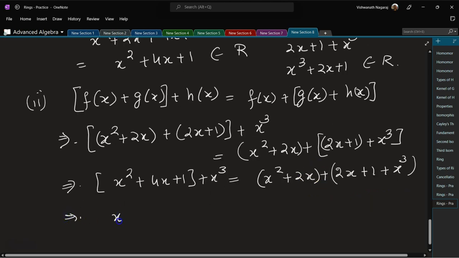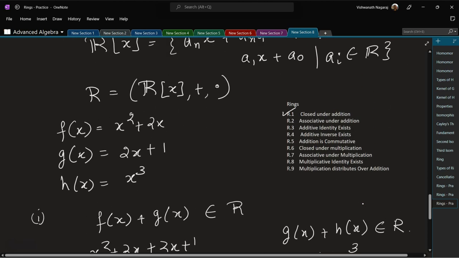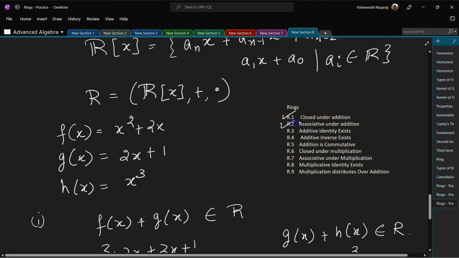So this becomes x cube plus x square plus 4x plus 1 is equal to x square plus 2x plus 2x is 4x. Let's start with x cube plus x square plus 4x plus 1. So both are equal. So it is associative under addition.